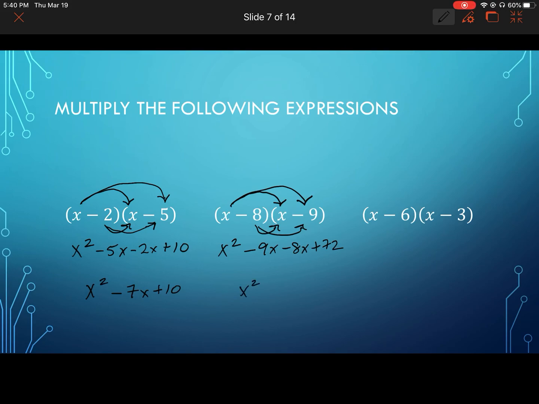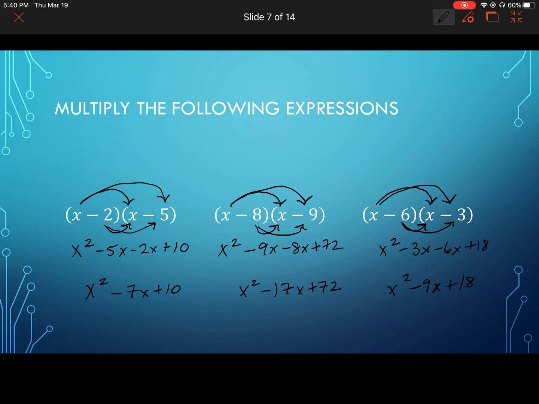Combine like terms, I get x squared minus 17x plus 72. Third one, x squared minus 3x, negative 6x, positive 18. Combine like terms, you get x squared minus 9x plus 18.